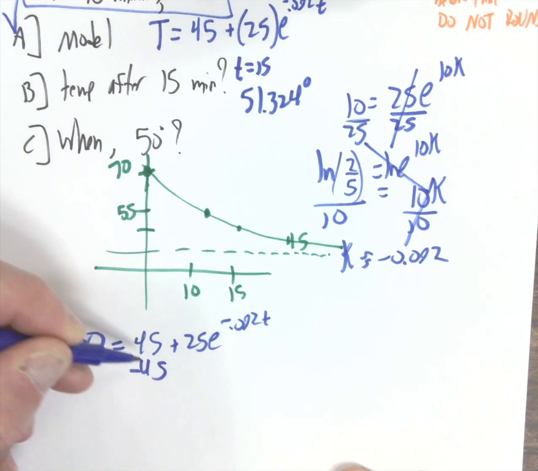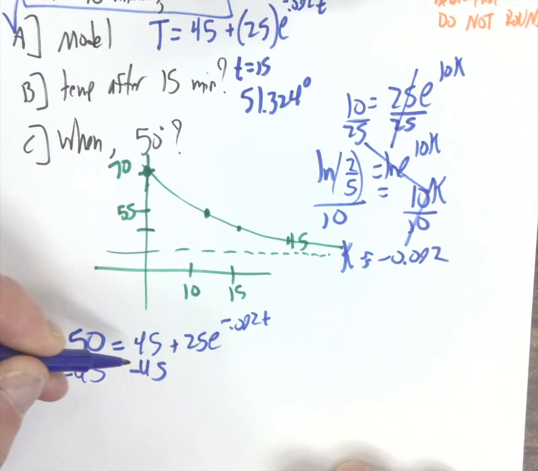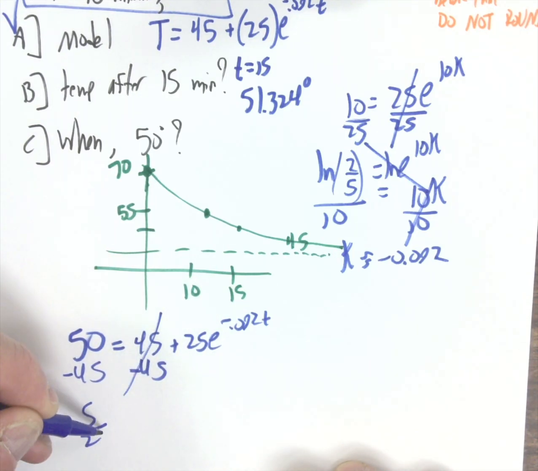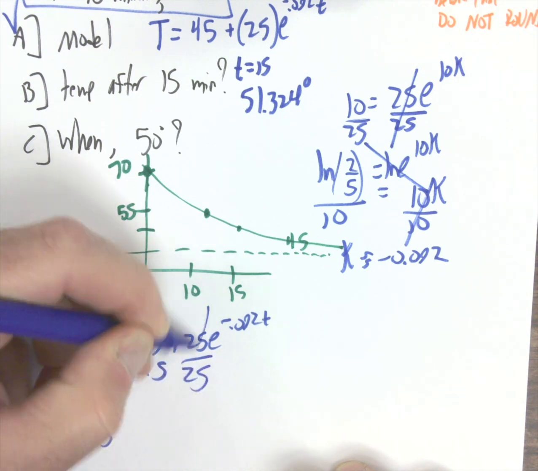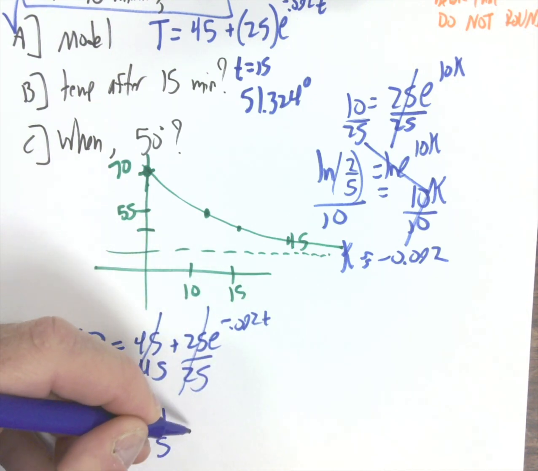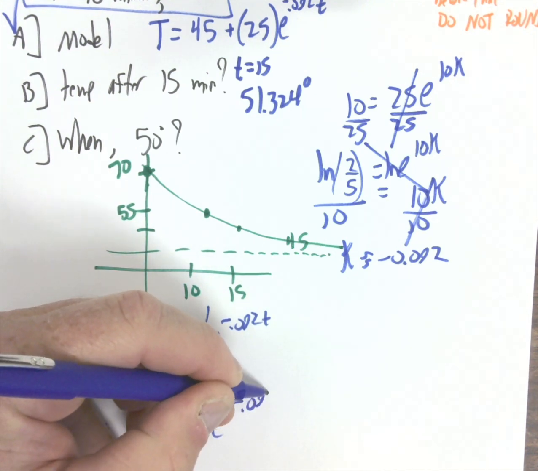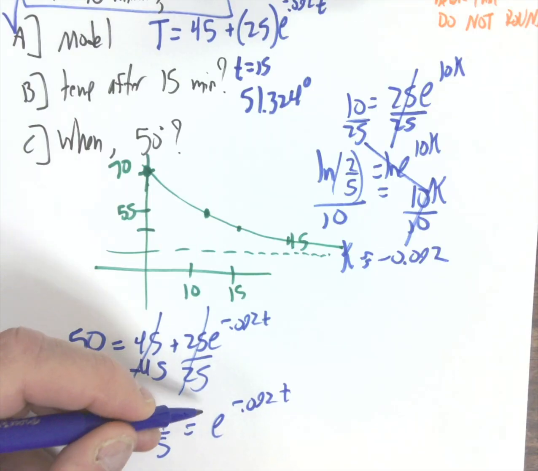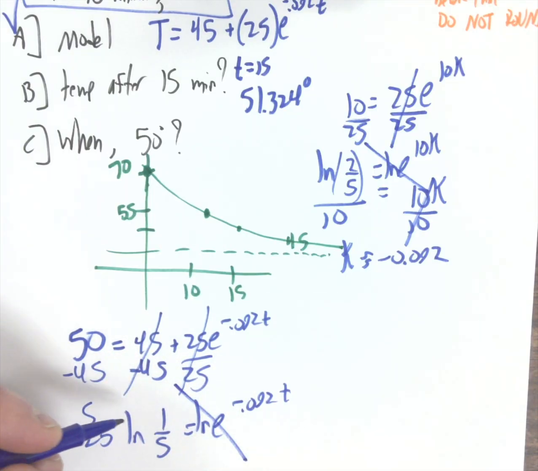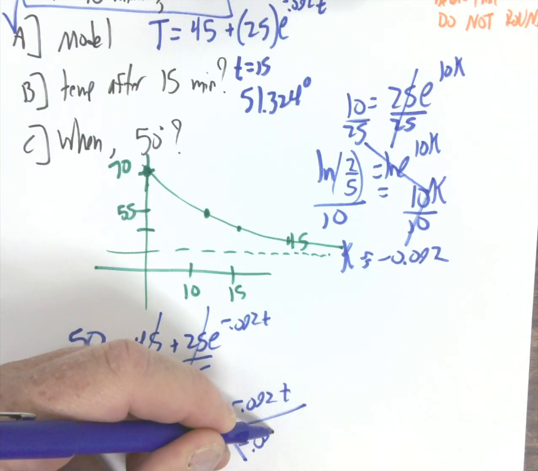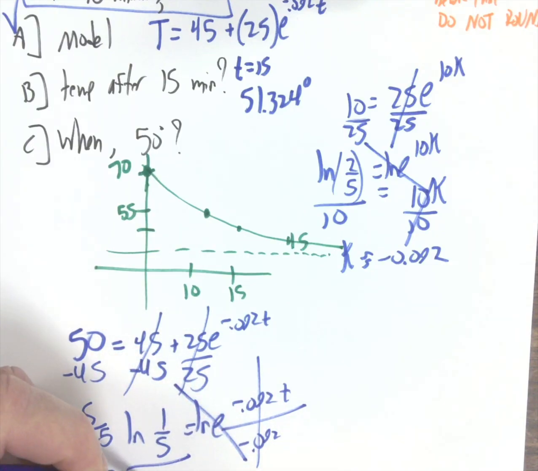So I'm going to subtract 45 from both sides, divide by 25, so that's 1/5 equals e to the negative 0.092t. Natural log, that cancels. So divide both sides by negative 0.092, which is k in my calculator.